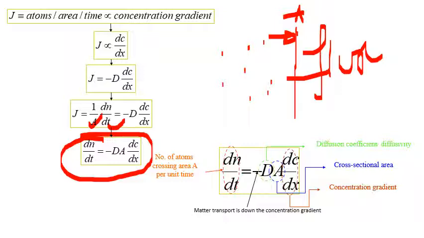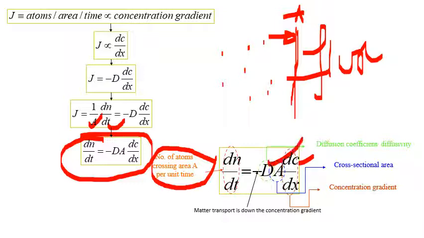So now we can understand here that dN/dt, the number of atoms crossing per unit time, is proportional to the cross-sectional area and the concentration gradient, dC/dx.